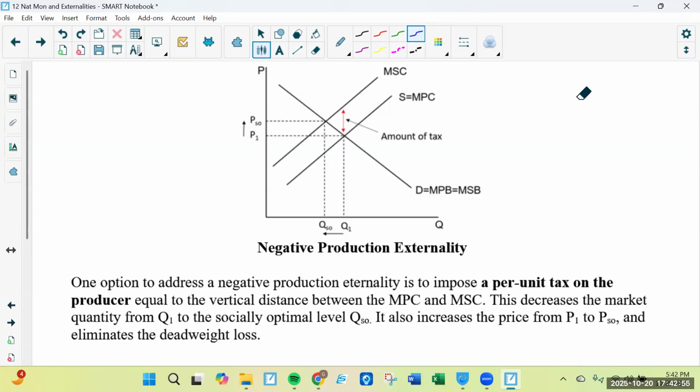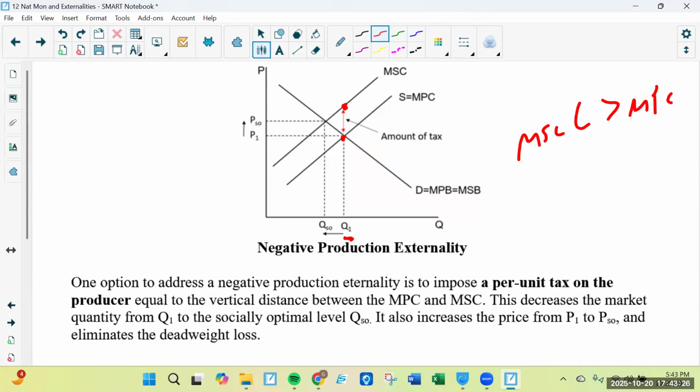Left alone, the market would be at Q1, and you would have that externality because the marginal private cost is greater than marginal social cost. I said it backwards. The marginal social cost is greater than marginal private cost.